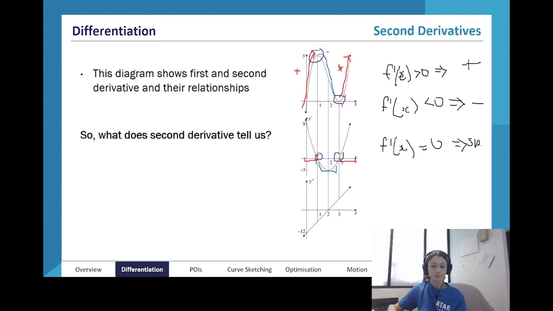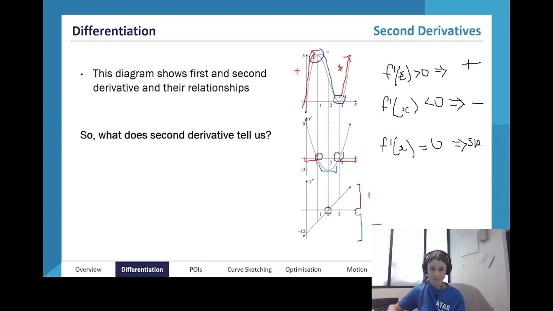So, as you can see here, our second derivative has a positive value here, and it has a negative value here, and then it also has this x-intercept right in the center.